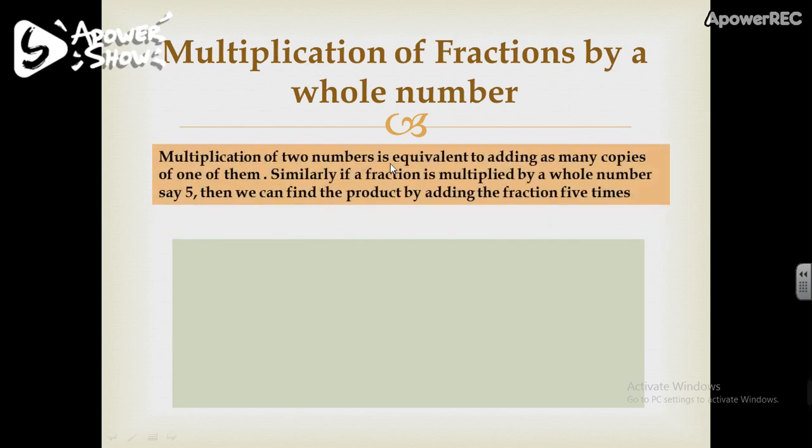Multiplication of two numbers is equivalent to adding as many copies of one of them. This statement means, suppose you want to multiply 2 by 3. We can find this product by simply adding 2 three times, or we can also obtain the product by adding 3 two times.